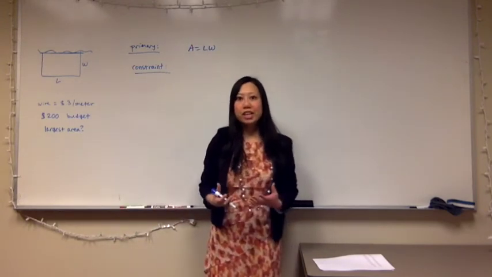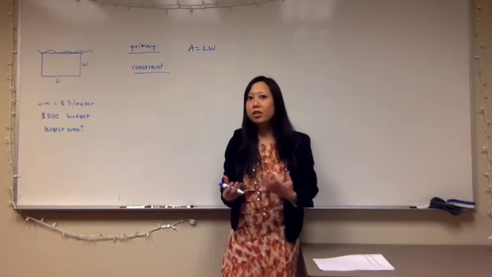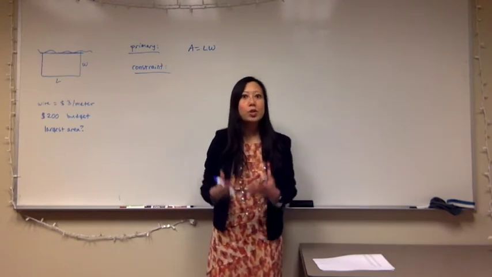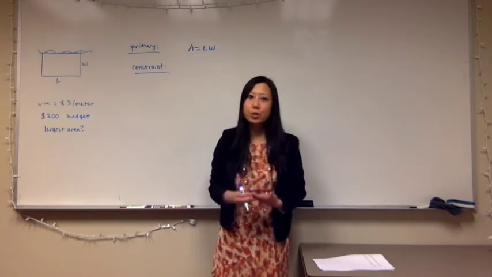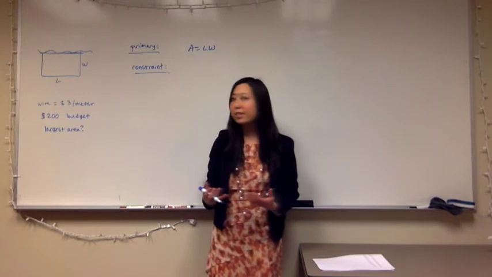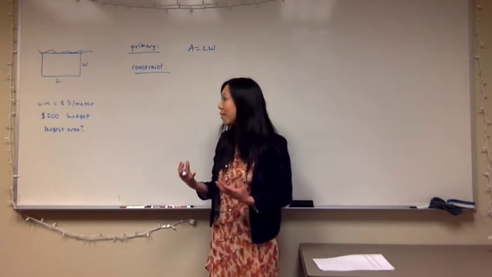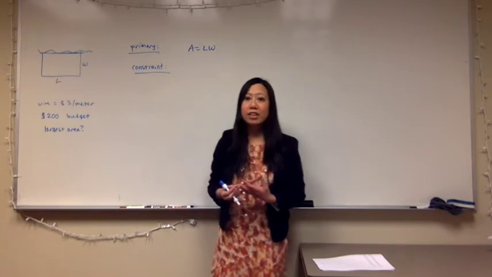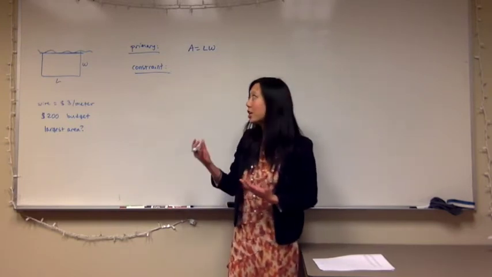For the constraint, if I'm trying to find the largest possible area, I can't just choose the largest area that I want to. I'm restricted by the fact that I have a $200 budget, right? So around that area is a fence, and I only have $200 to work with. The fence costs $3 per meter.